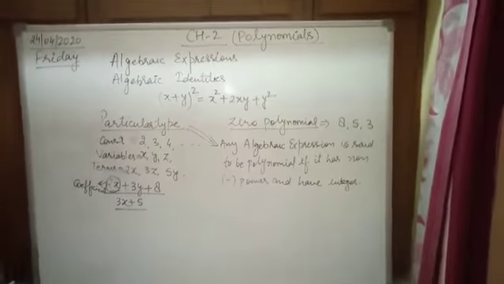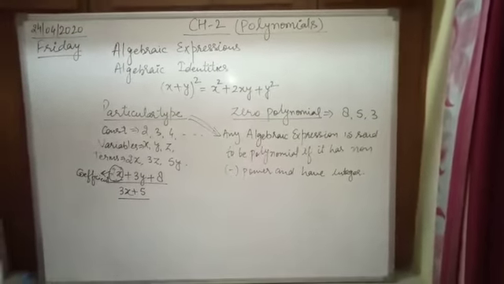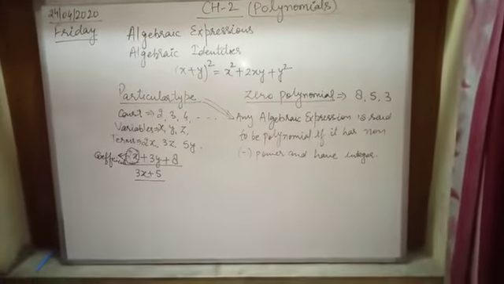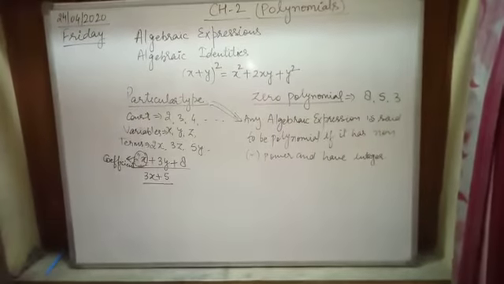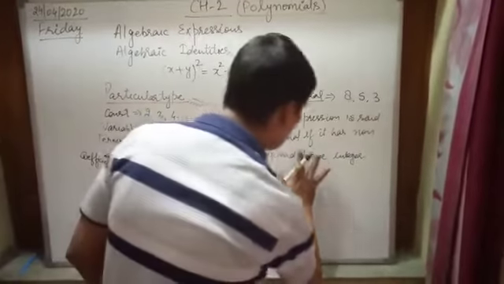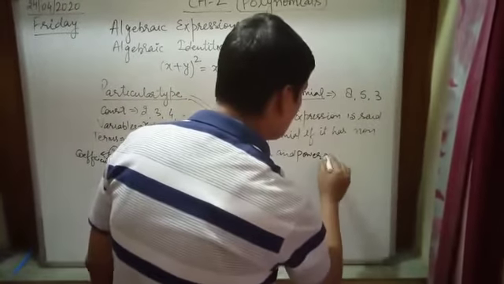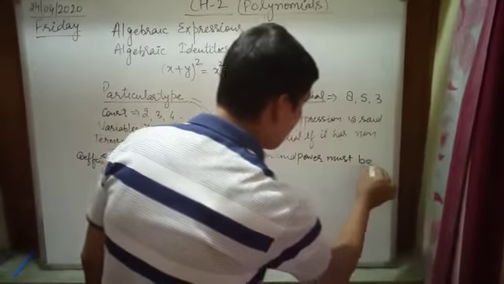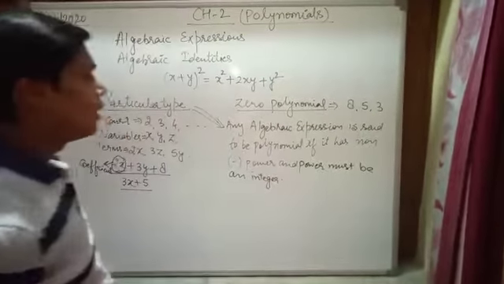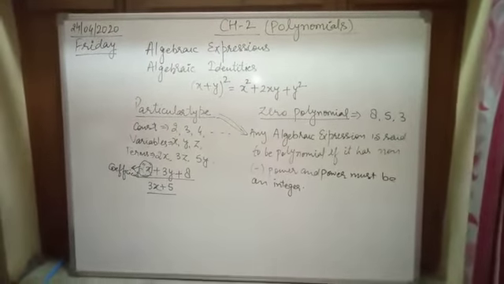Any algebraic expression is said to be a polynomial if it has non-negative power, meaning power cannot be negative, and power must be an integer. This algebraic expression is said to be a polynomial.